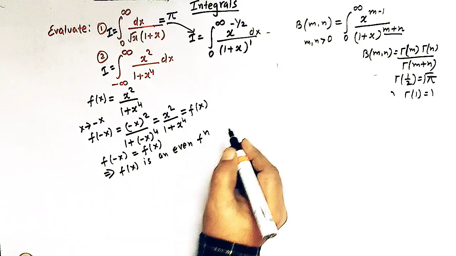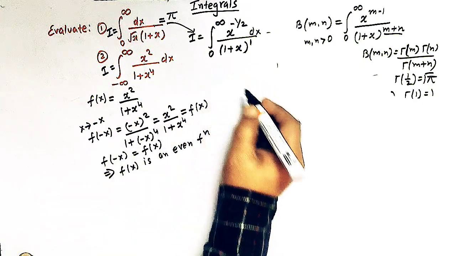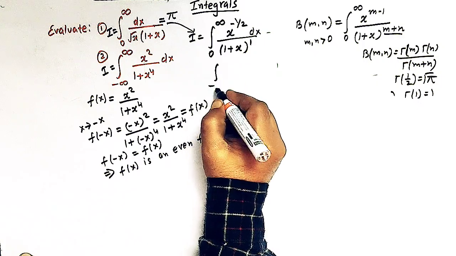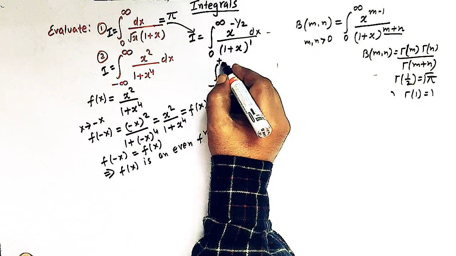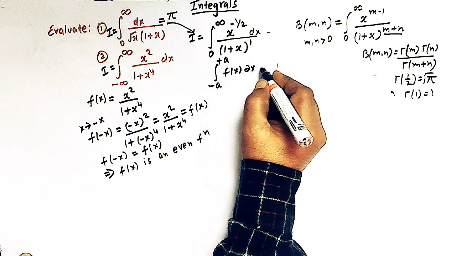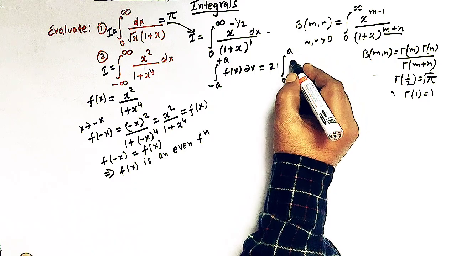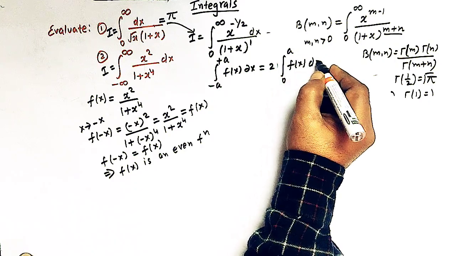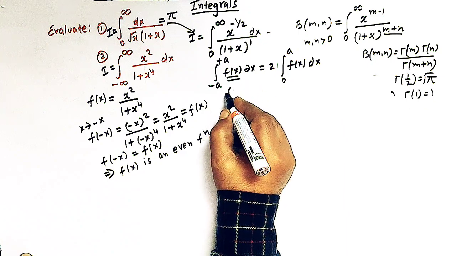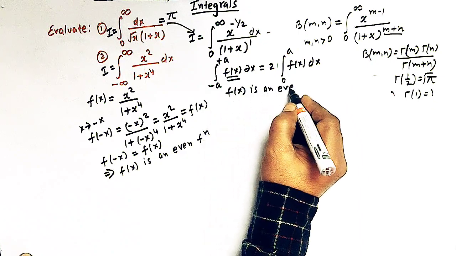And here we can now make use of an important property of definite integrals, which says that the integral from minus a to positive a of f of x dx is equal to 2 times the integral from 0 to a of f of x dx, provided this integrand, that is f of x, is an even function, right?